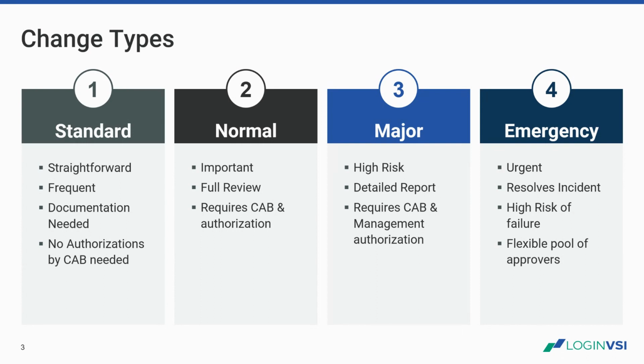So these are the updated change types. What I really want to hone in on and focus in on is the standard change type and the normal change type. Now, whether you use ITIL or have gone full DevOps, use another framework or anything in between, we can use these to level set some of the guidance that we're presenting here today.